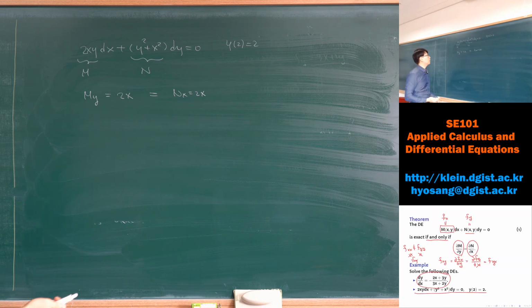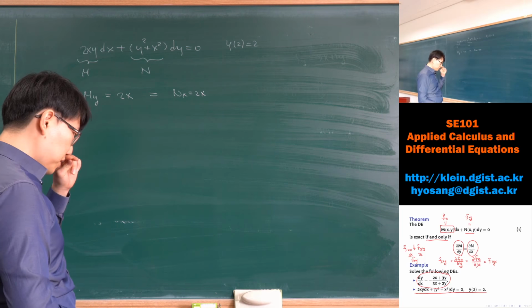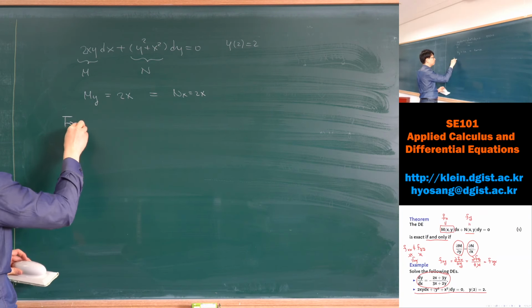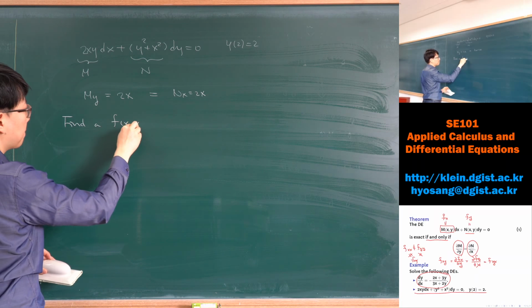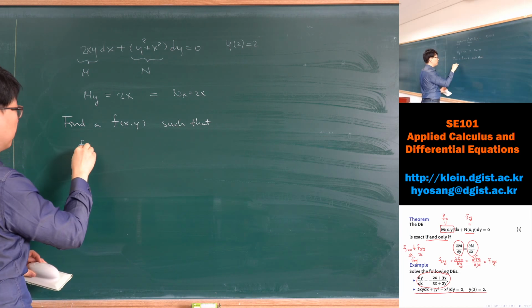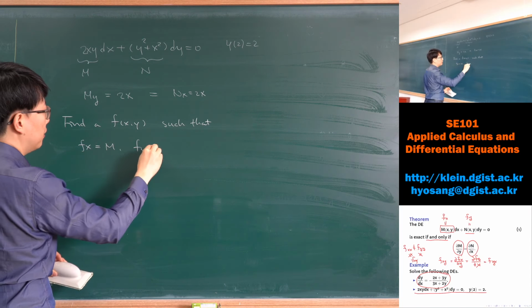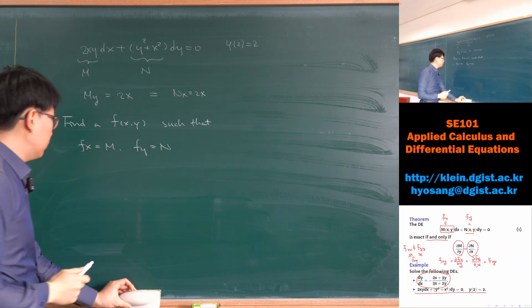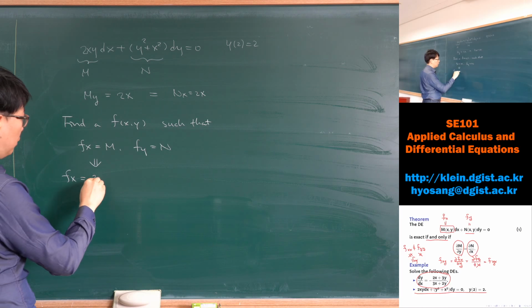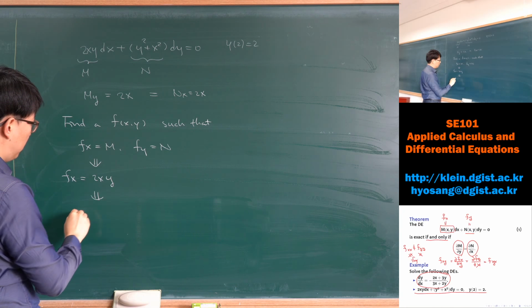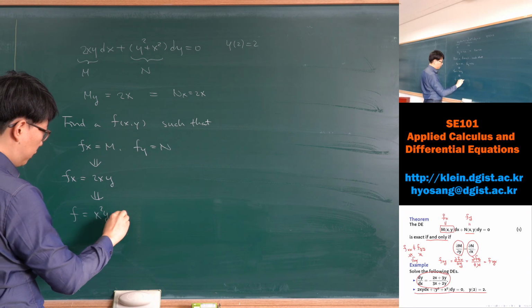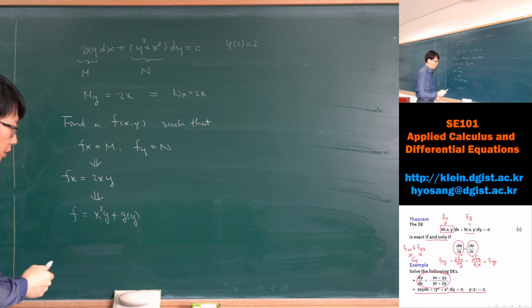So if you have an exact equation, we can find a function f satisfying fx equals M and fy equals N. Now start from this equation. What you get is fx must equal 2xy. That means f is x squared y plus some y terms.